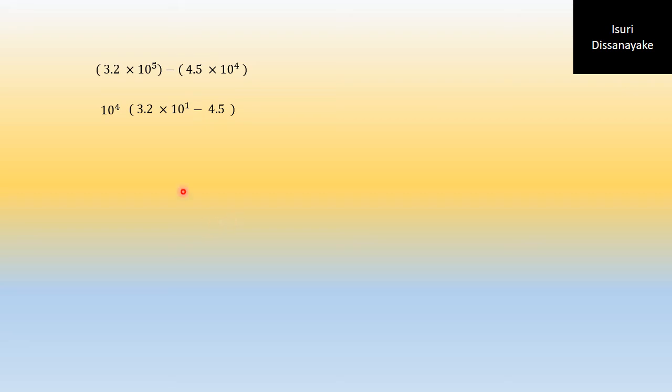You can see that 3.2, out of 10 to the power 5, 10 to the power 4 is taken out from the bracket and we have only one 10 here, minus 4.5 is within the bracket, such that within the bracket we have 32 minus 4.5.